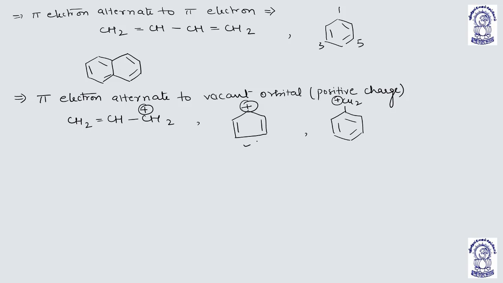So this molecule and this molecule have pi bond alternate to pi bond, one of the conjugations, and pi bond alternate to positive charge.